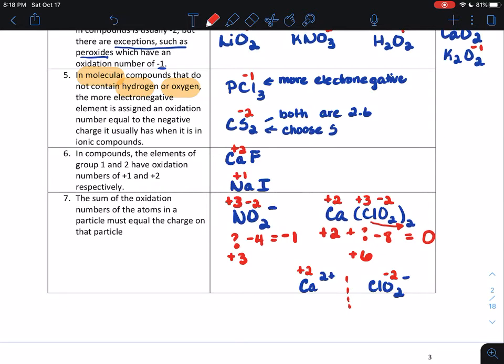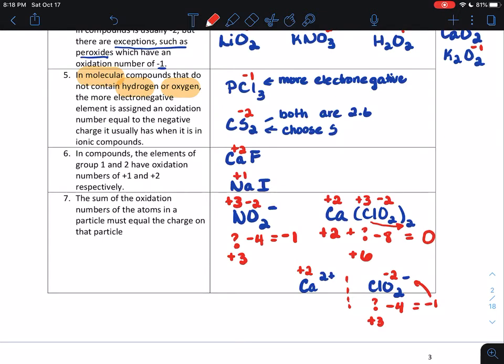And remember this is separate, because I've separated them out. So -2 times 2 is -4. Remember, that has to equal -1. It's got to equal the charge. So what charge does each chlorine have? It's going to have to be +3, because +3 minus 4 equals -1.